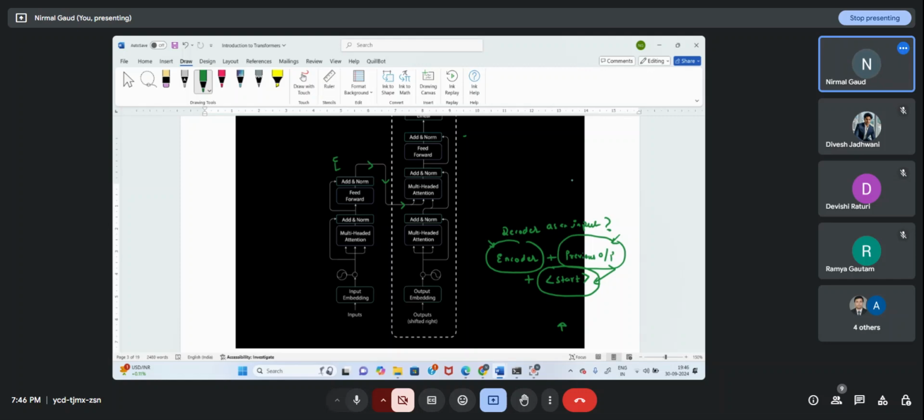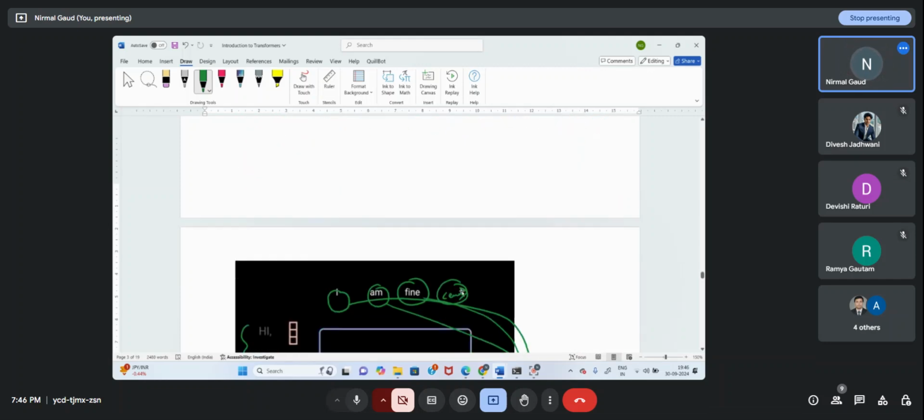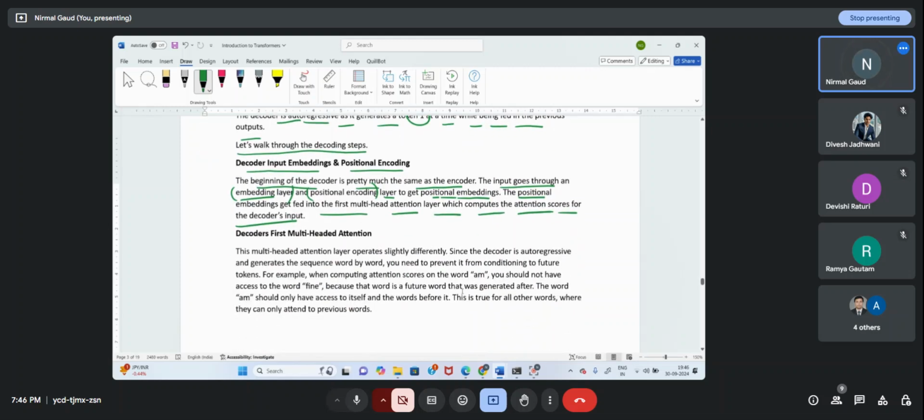Before that, whatever be the previous output of decoder, उसका embedding होगा, उसका positional embedding होगा, उस पर multi head attention mechanism will be applied and normalization everything will be applied, and then it will be feeded into the multi head along with the encoder, along with the start token. This will be done. Okay, fine. ये बताया जा रहा है यहाँ पर.